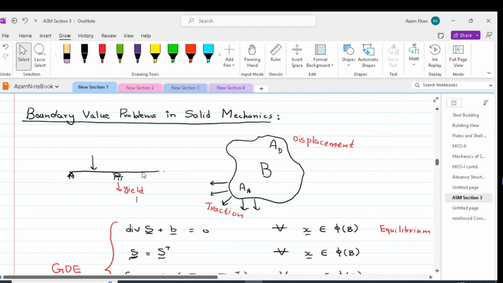So this is a simple form of a body beam, and generically it is shown over here, a body B having displacement and tractions specified. This body has got a body force which is shown by B. So the boundary value problem of linear elasticity is specified by the following equations.